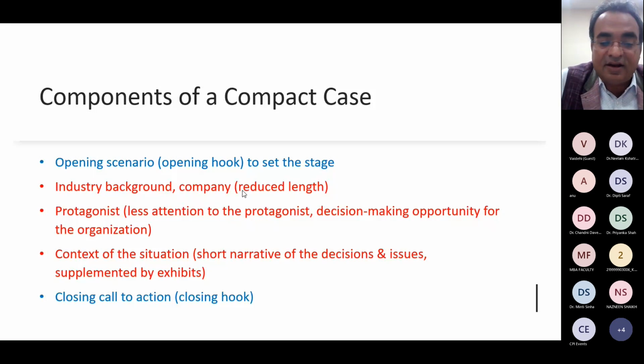Then, unlike the detailed para on the context of the situation you would write in a traditional case, here you would have to go for a shorter narrative of the decisions and the emerging issues or problems.